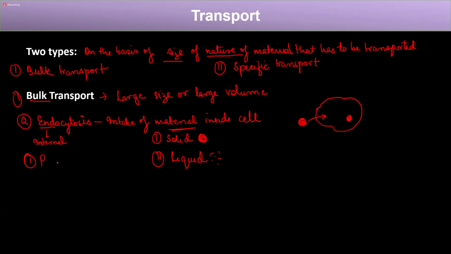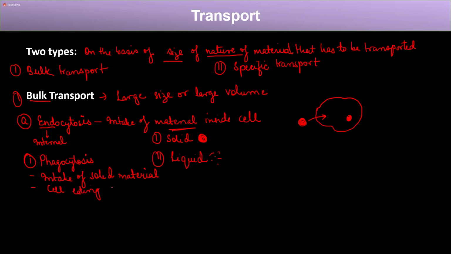It will be called phagocytosis, that is intake of solid material, and this is also called the cell eating process.